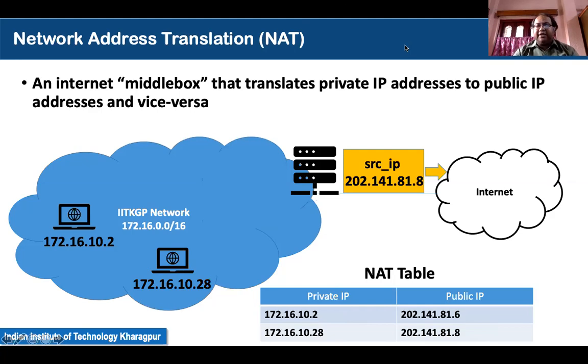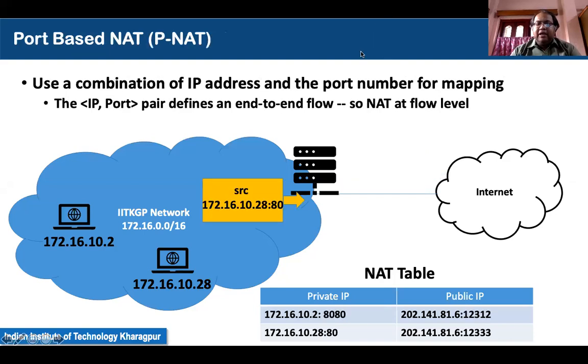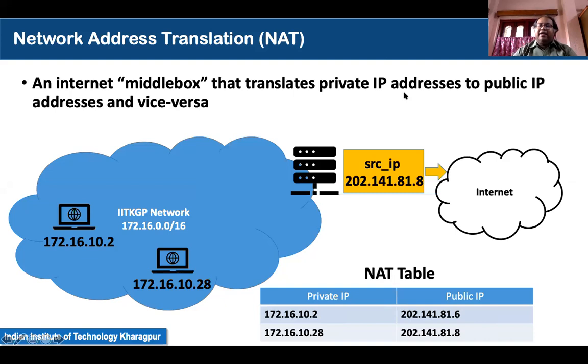Now, one major problem of this architecture, where for every private IP I was assigning a public IP, is that your requirement of public IPs is still very large. That means for all the active users within the IIT Kharagpur network, you need a corresponding public IP.